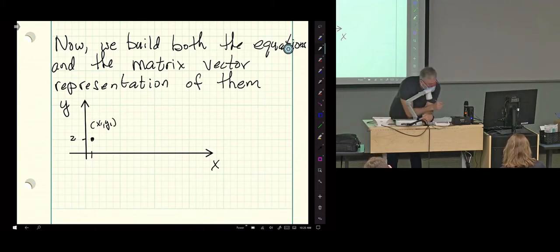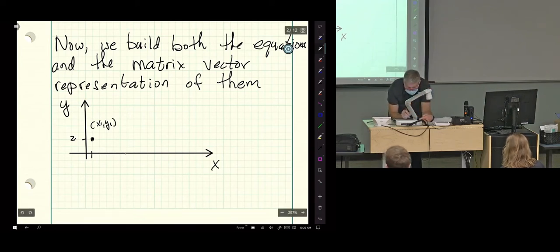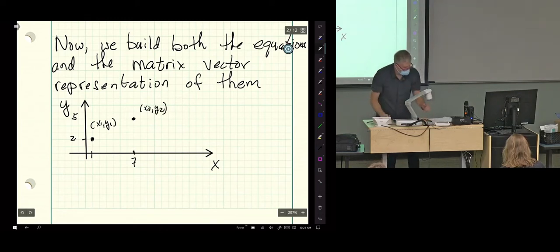And then my next point is 2, 3, 4, 5, 6, 7 here, and I go up 5. 1, 2, 3, 4, 5. That's 7. That's 5. And that's x2, y2.